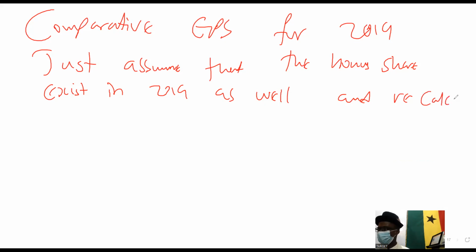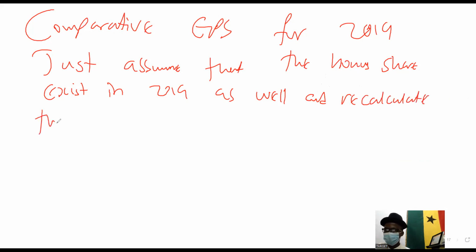Recalculate. What a wow. You see how nice the story looks? Just assume that the bonus share exists in 2019 as well, and do what? Recalculate the earnings per share again. That's all. So let's go.